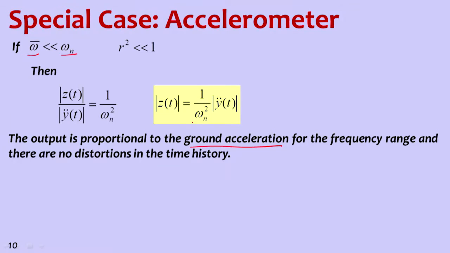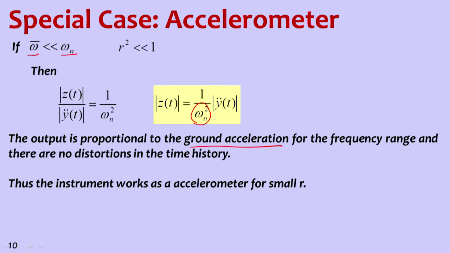With that relative displacement, if I multiply with omega n square, I get the acceleration value. So the output is proportional to ground acceleration for the frequency range, and there are no distortions in the time history. Thus the instrument works as an accelerometer for small values of R.